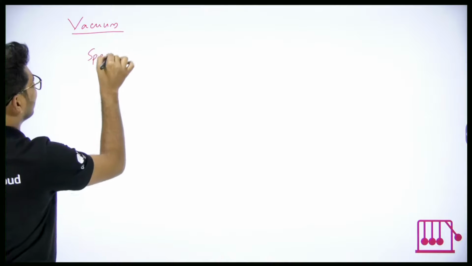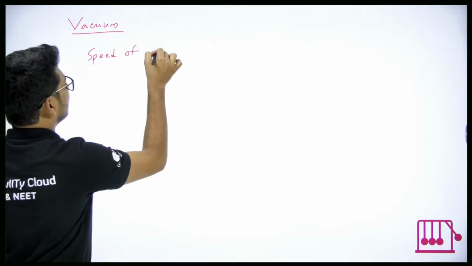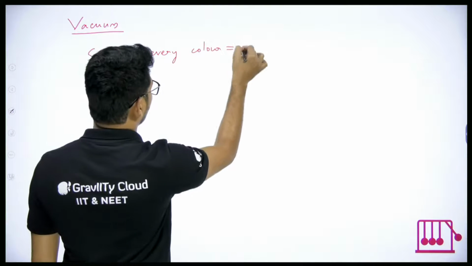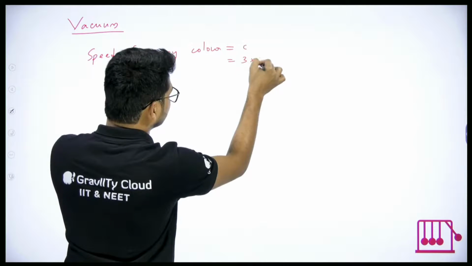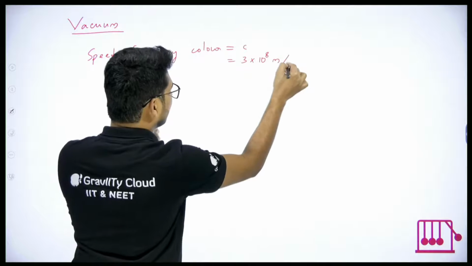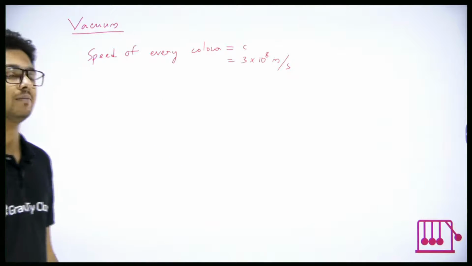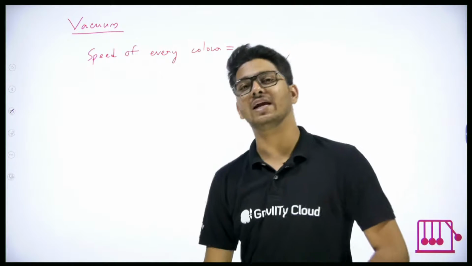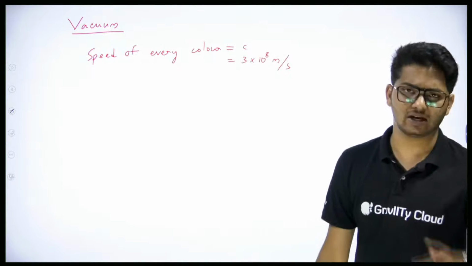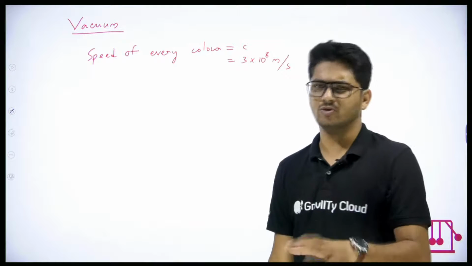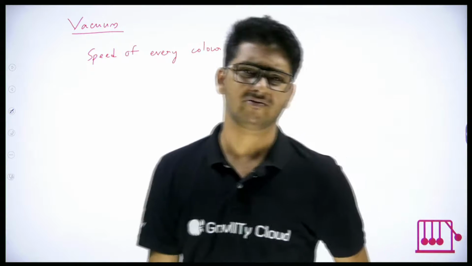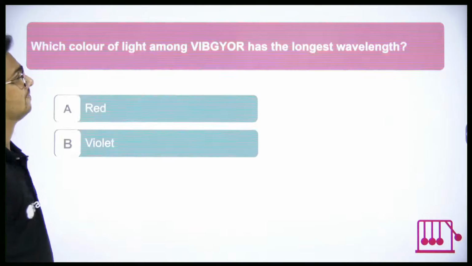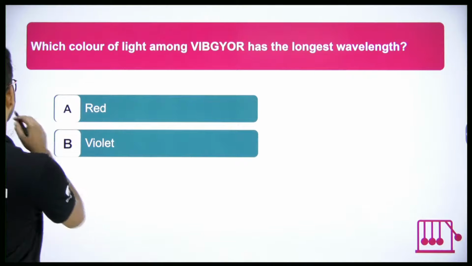And how much is that equal to? It is equal to C, and that is equal to 3 into 10 power 8 meter per second. All of them have the same speed only in vacuum, and also in air. Air and vacuum are almost the same when it comes to refractive index. Good. Now next question.